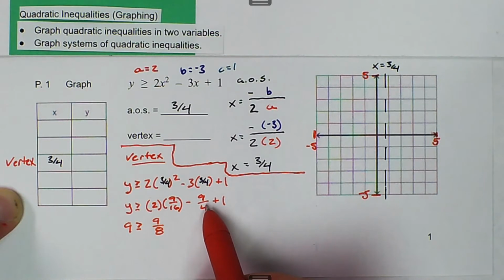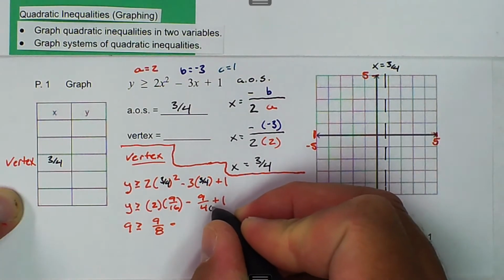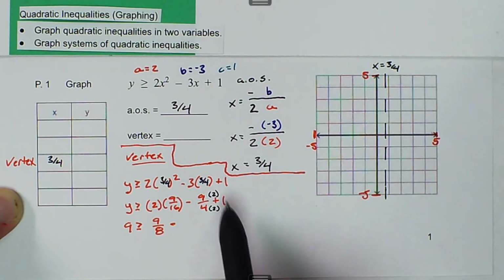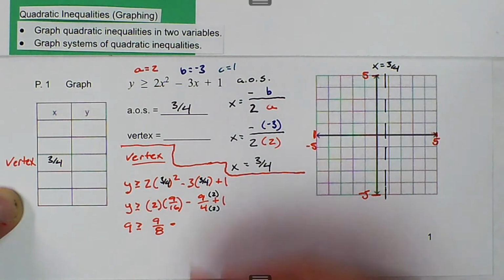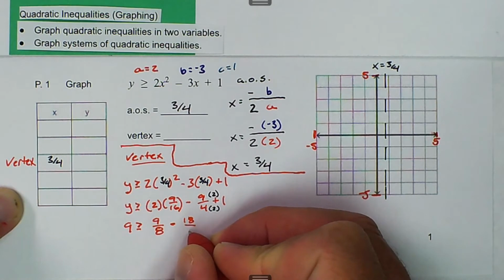Now we need to get a common denominator in order to subtract here. If we multiply both the numerator and the denominator, 9 times 2 is 18, and 2 times 4 is 8. We get 18 over 8.